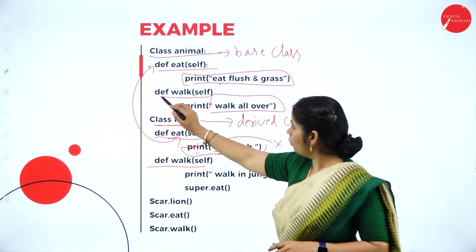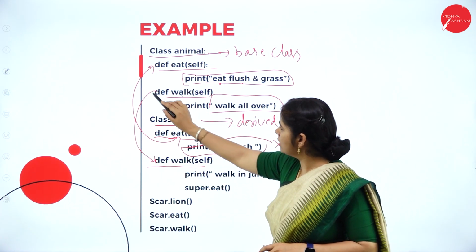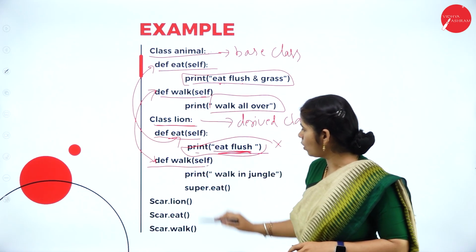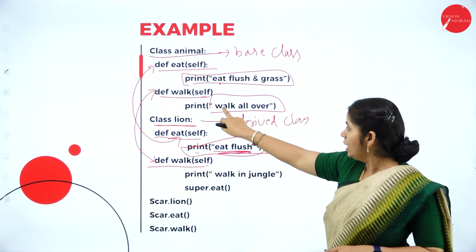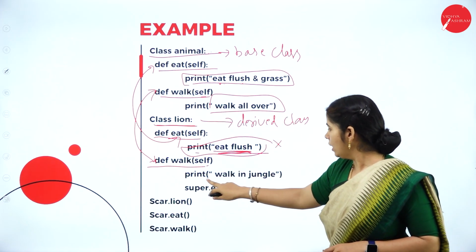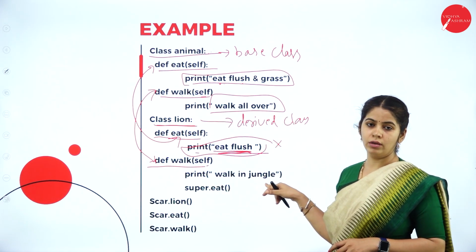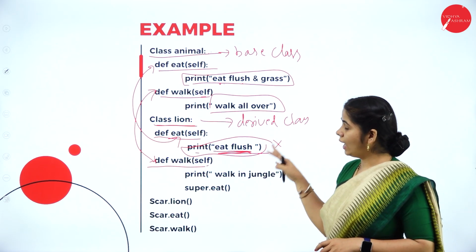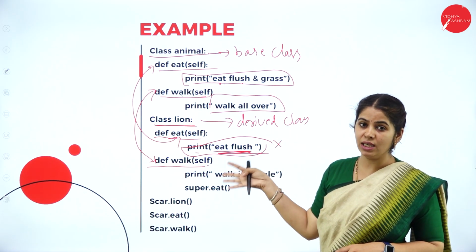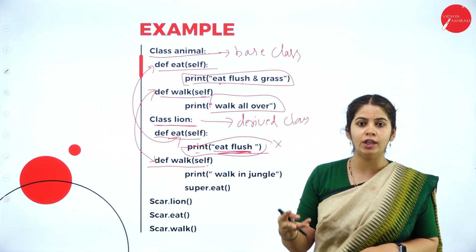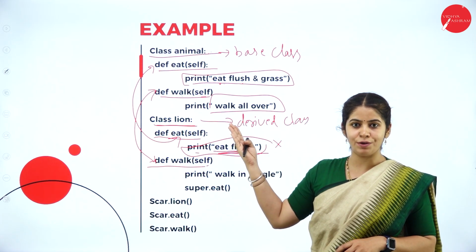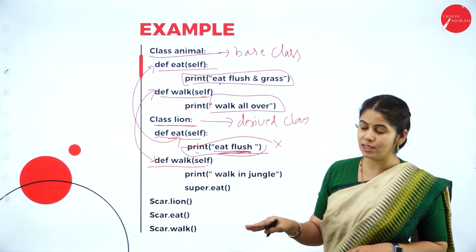And coming to walk, both the function name and the parameters are the same, but the function definition is different. Here it's walk all over, here it's walks in the jungle. What we are trying to say here is that the method name is the same, but the definition of that method in the parent class is different and in the child class is different.